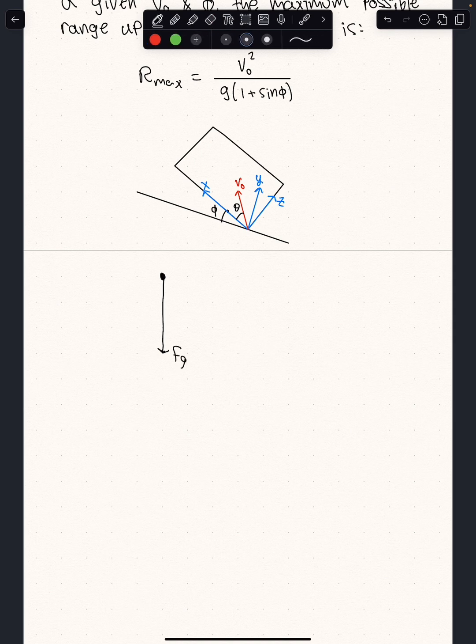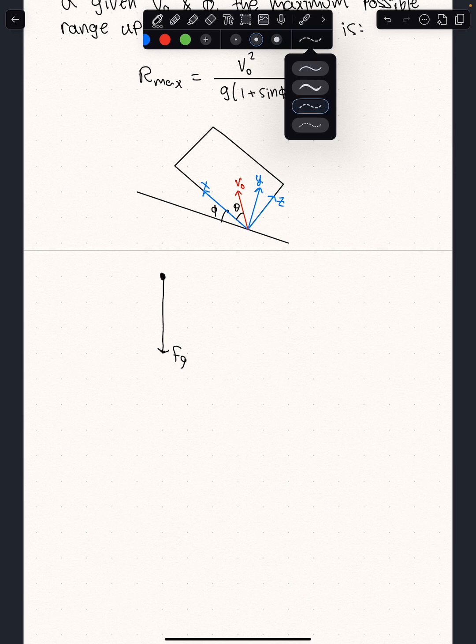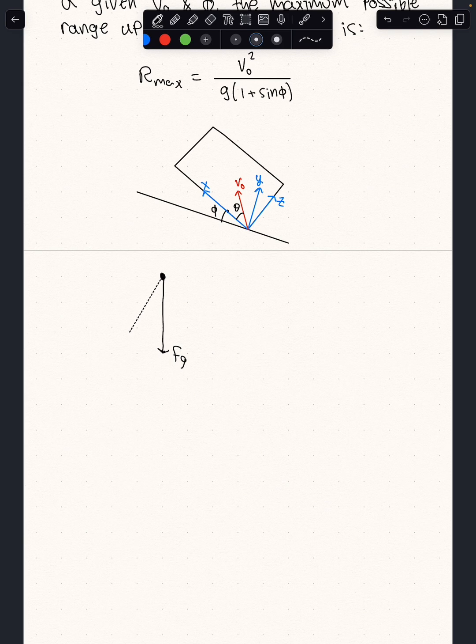There's going to be some amount in this direction, which is going to be y, and some amount in this direction, which is going to be x. So this is going to be Fgy, and this is going to be Fgx.